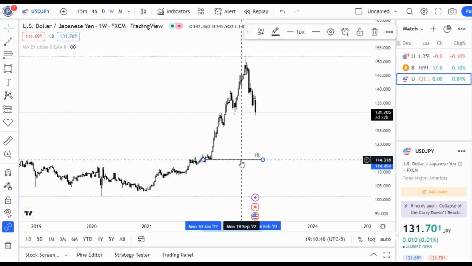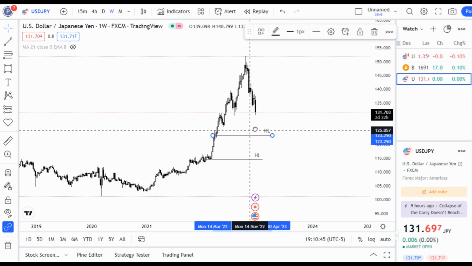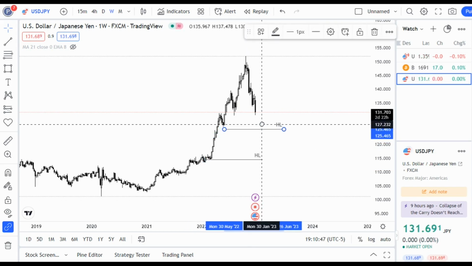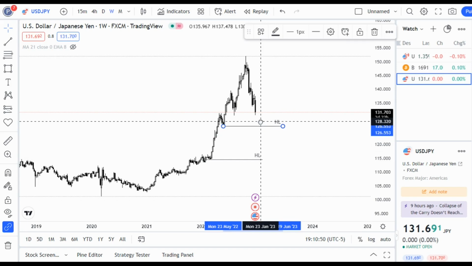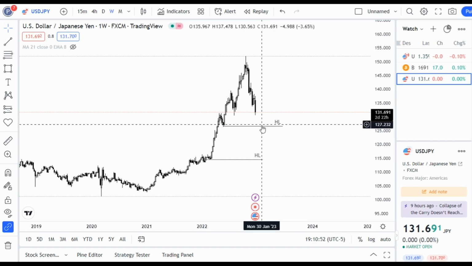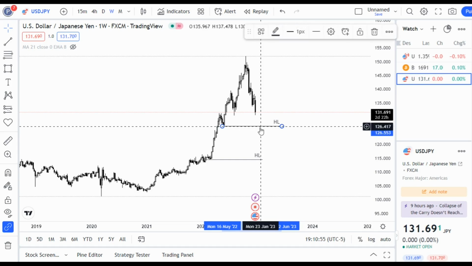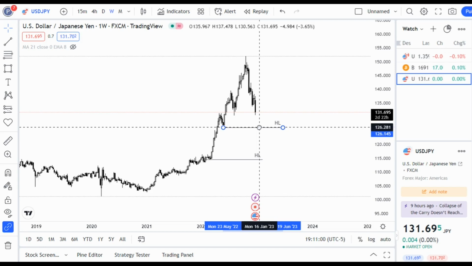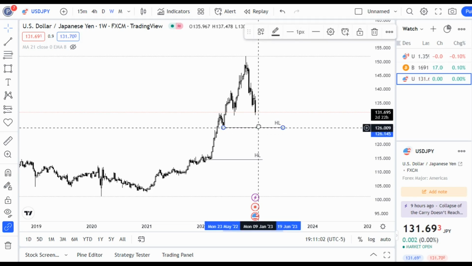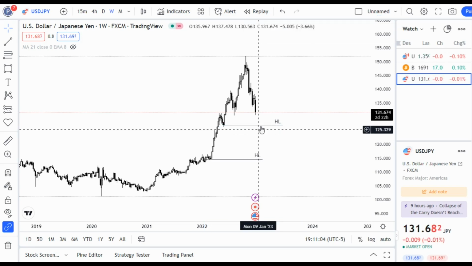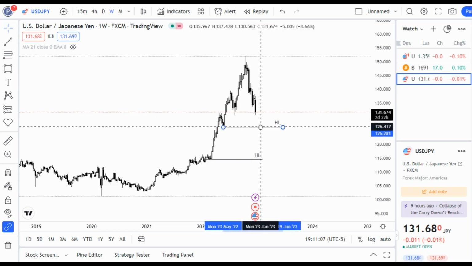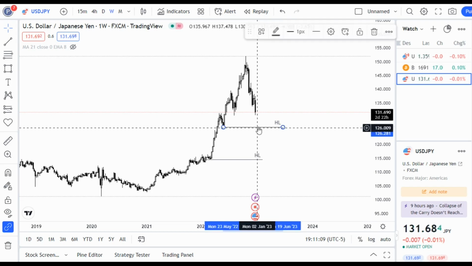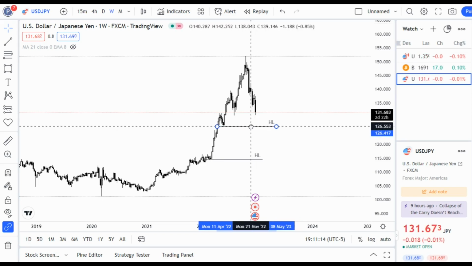Okay, so in this case, let's copy this line. So yes, I will say that here is also a low. So you're trying to identify the lows in the market, the higher lows here, since it's an uptrend. Let's try and go this way.